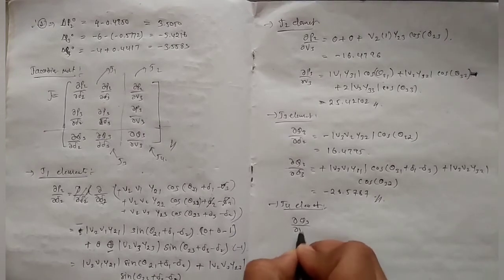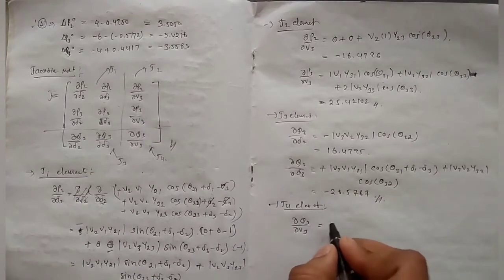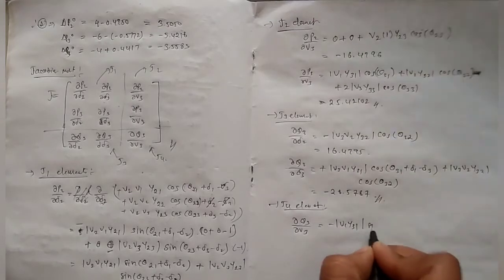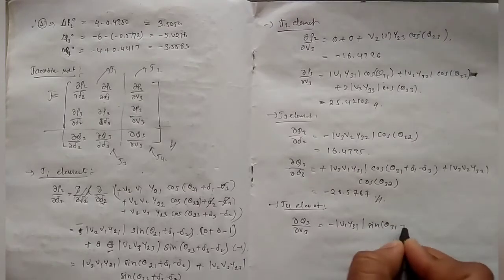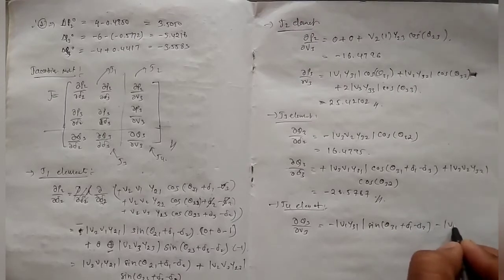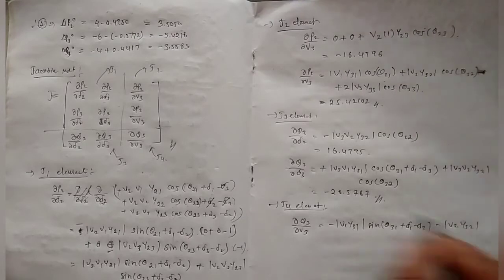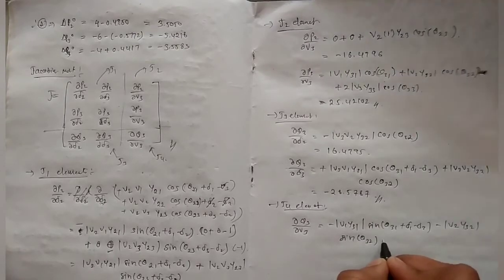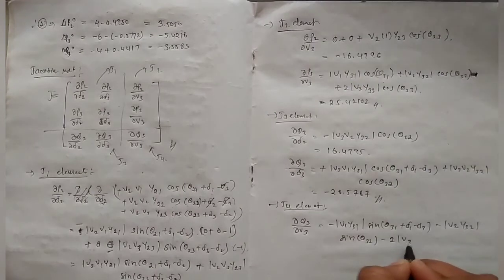And finally we are left with the J4 elements. ∂Q3 divided by ∂V3, that is minus of V1 Y31 sin theta 31, ∂delta 1 minus ∂delta 3, minus of V2 Y32 sin theta 32 and minus 2 V3 Y33 sin theta 33.